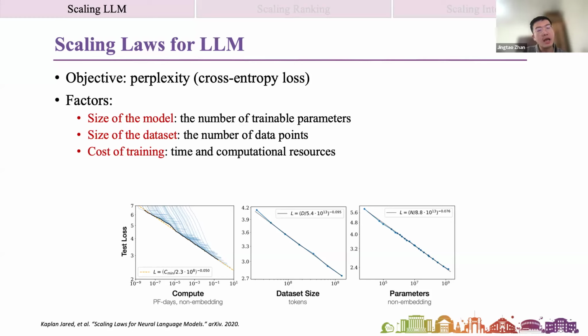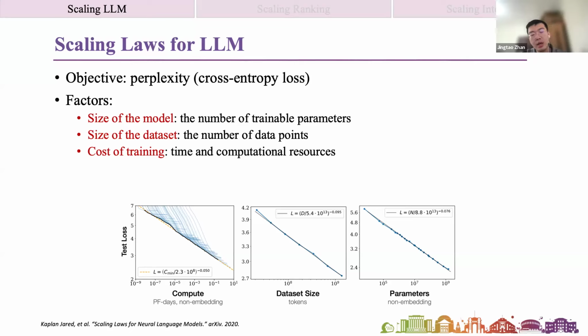And researchers have empirically found that if we draw a log-log plot, the x-axis is the model size or the data size or the cost of training, and the y-axis is our objective, the perplexity, or we call the cross entropy loss. We can find the data points all fall along a straight line. This means that the relationship is approximately a power law.